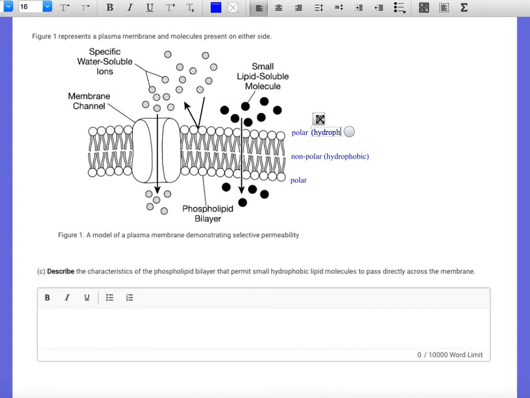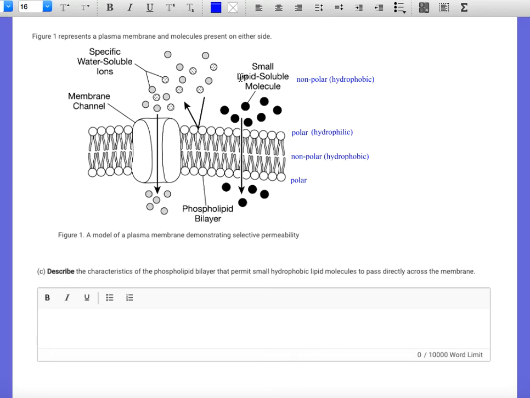In chemistry, we always talk about how like dissolves like. So if you are a small lipid-soluble molecule, you're going to be nonpolar and hydrophobic. Since most of the cell membrane interior is nonpolar and hydrophobic, these molecules can just slip through.